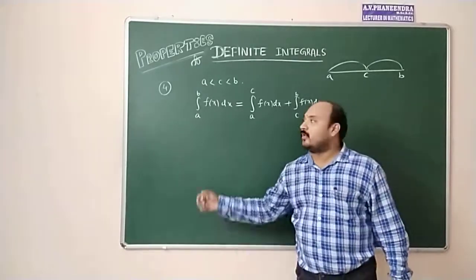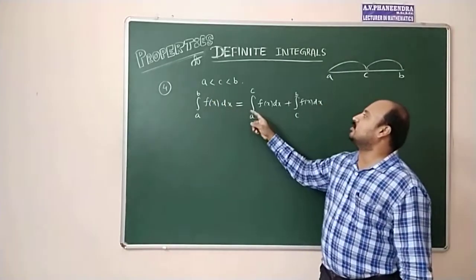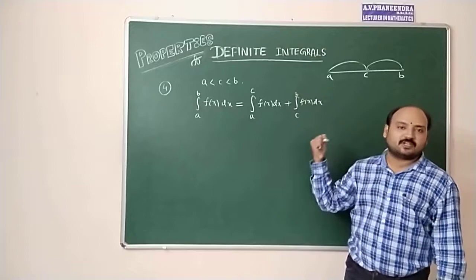So we can split one integral into two integrals: integral A to B f of x dx equal to integral A to C f of x dx plus integral C to B f of x dx.